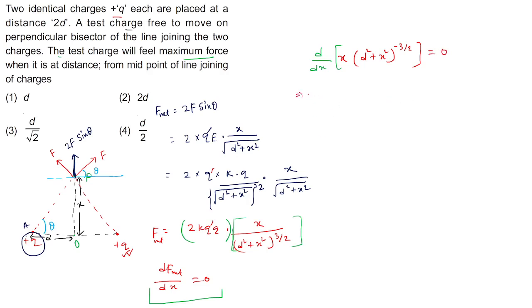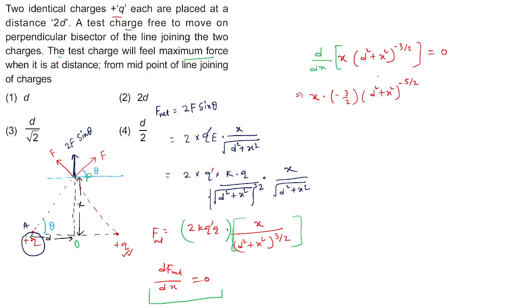Now the rule is the UV rule. Suppose x is constant, and we take the derivative of d square plus x square whole to the power minus 3 by 2. So minus 3 by 2 will come up here, and d square plus x square whole to the power minus 5 by 2 will be there.